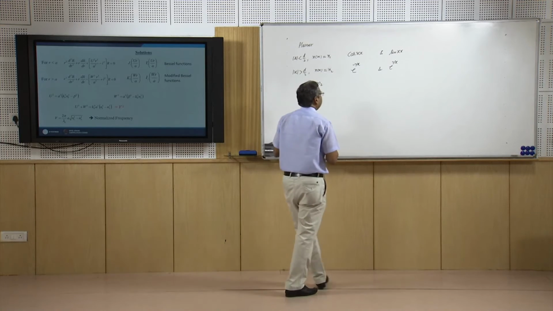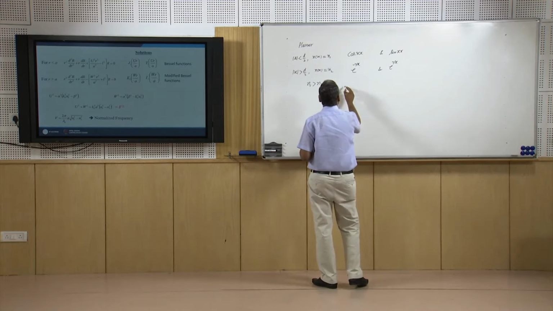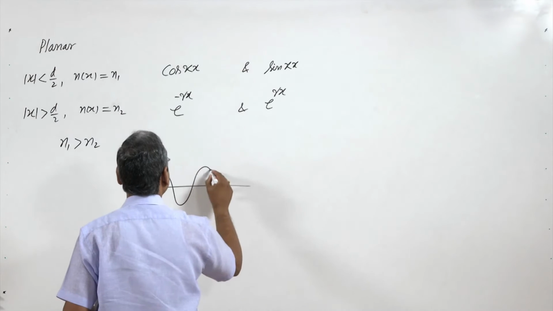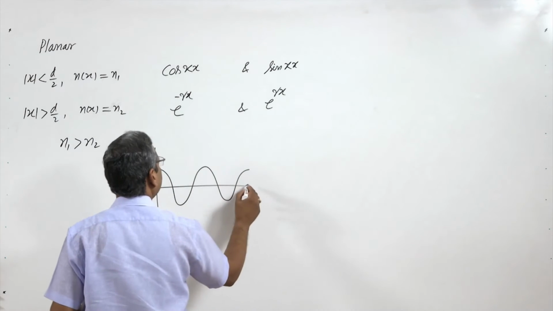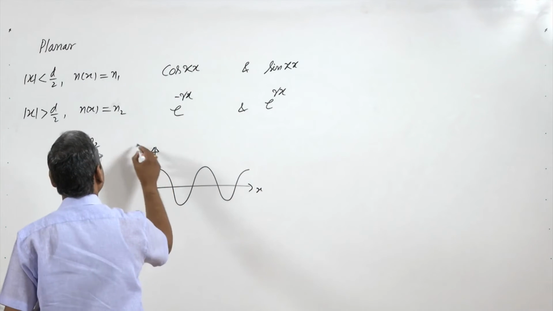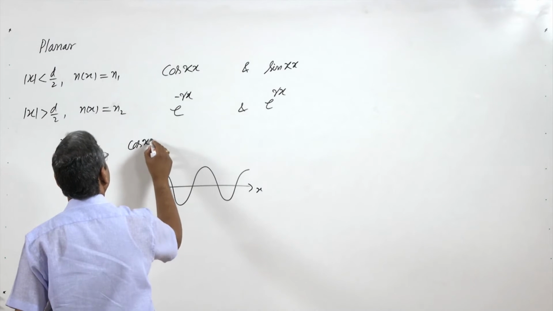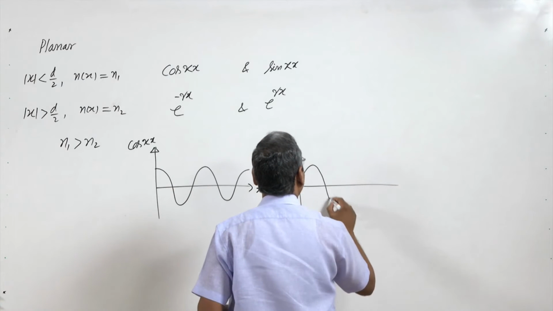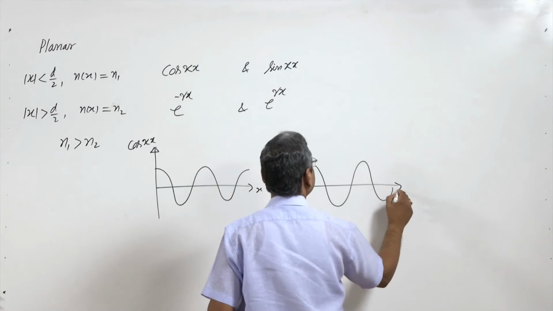If I look at this cosine function, if I have a function something like this, then I call it cosine function. Similarly, a function like this I label as sine function.